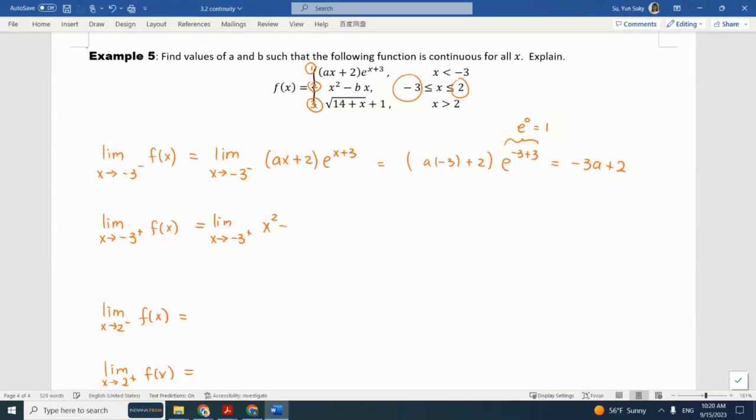Second one, x squared minus bx. And can you also tell me what you get if you plug in? Yes, 9 plus 3b. Is that okay, everybody?